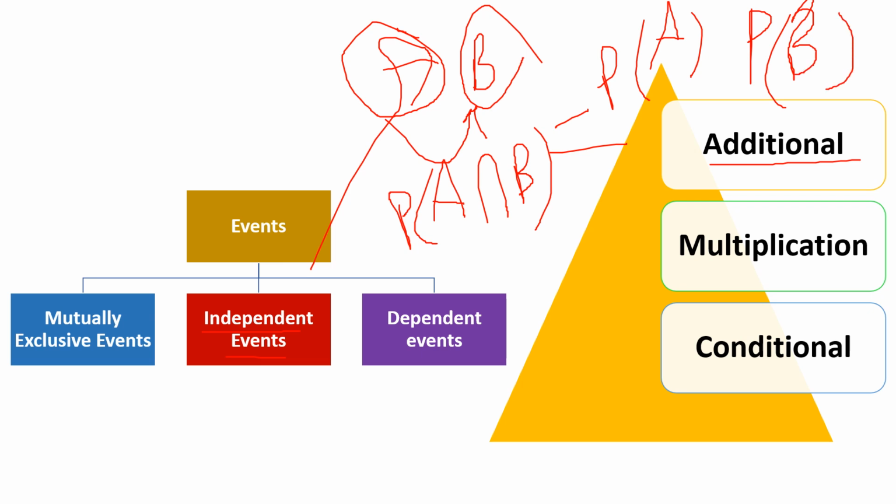I want to give clarity that for independent events we also use the addition theorem. When do we use the addition theorem? When any one of the events is occurring. Here, the multiplication theorem is used if both the events are occurring.